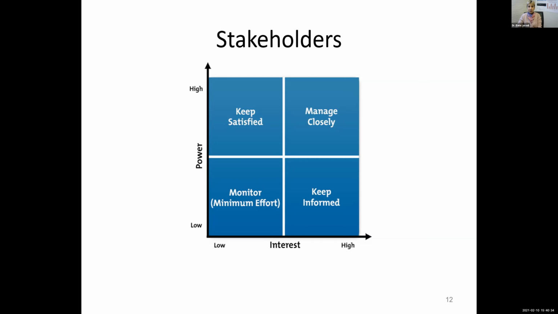What manage closely means to you may be different to what it means to another project manager. Depending on the work you're doing, the project, the organization, your style, and those stakeholders' styles of communication, you may choose to do this differently. So this is the general idea: manage them closely.